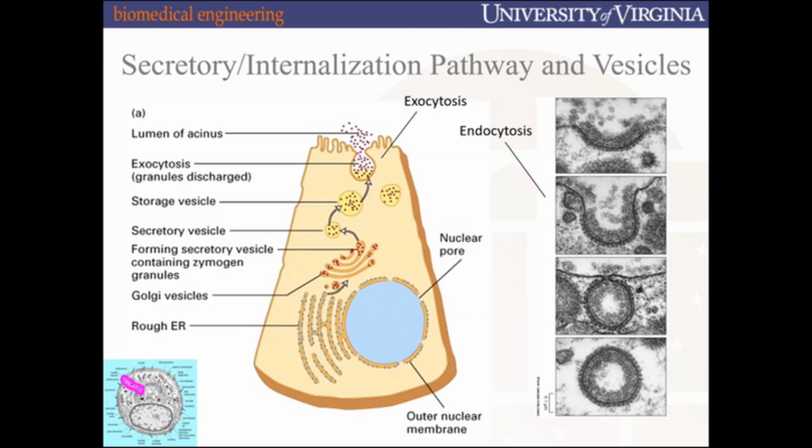This illustrates another thing that we can see on this slide, and that's the topology of membranes in the cell. This is an important concept, so let me explain what I mean here. Outside of the cell is an oxidizing environment, but the cytoplasm is reducing. This has important functional consequences for proteins that we'll talk about on Thursday.